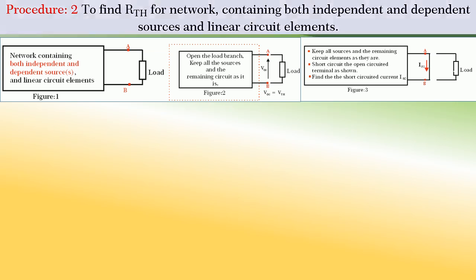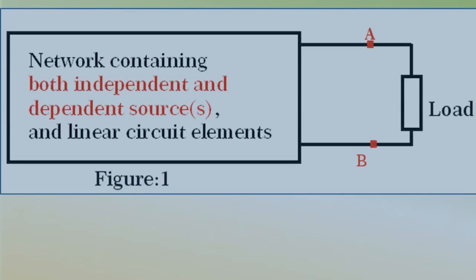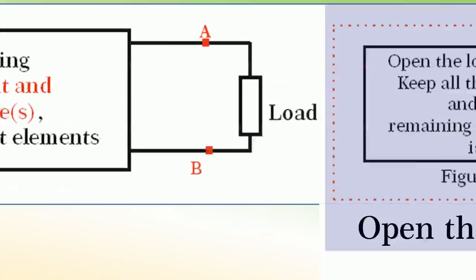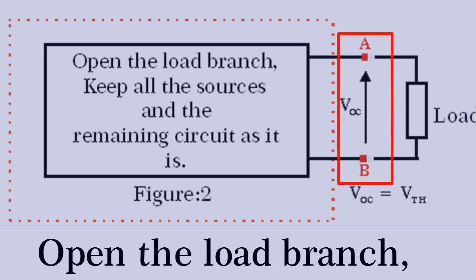Friends, now let us see procedure 2 to find R Thevenin for a network containing both independent and dependent sources and linear circuit elements. Let the given network be as shown in figure 1. As usual, open the load branch as shown in figure 2, keep all the sources and the remaining circuit as it is, and find the open circuit voltage VOC.